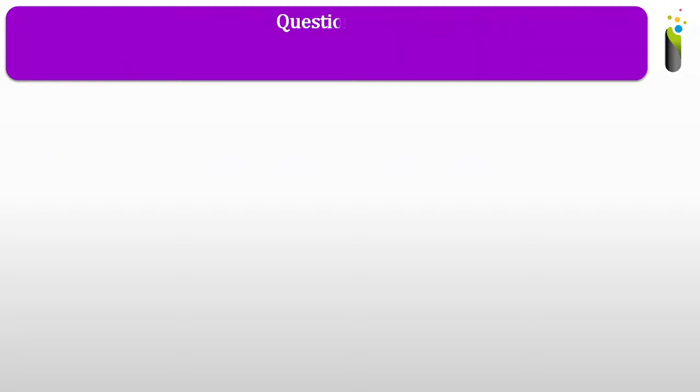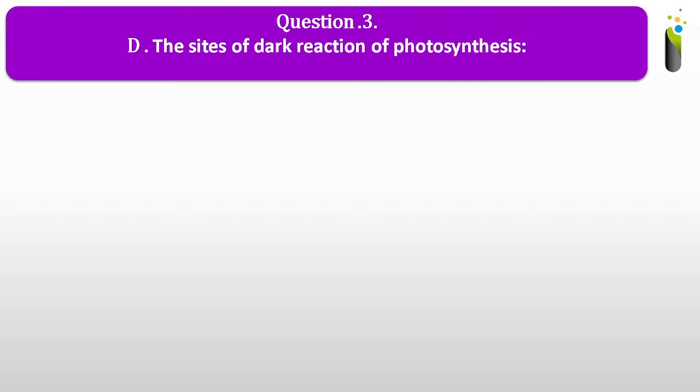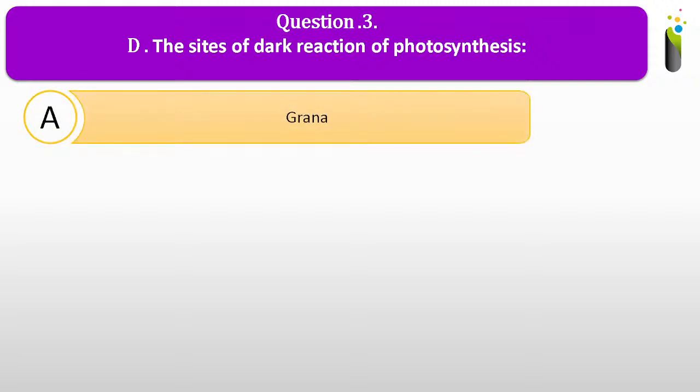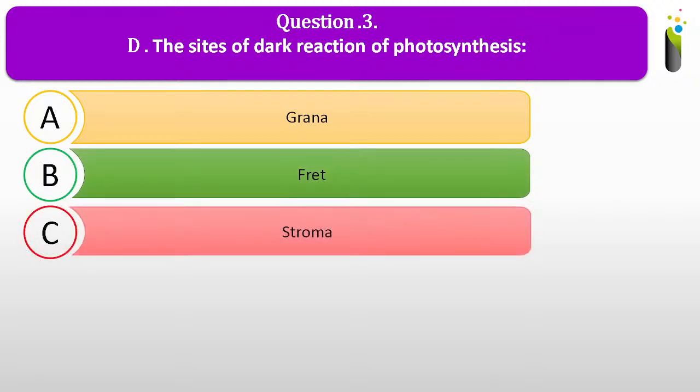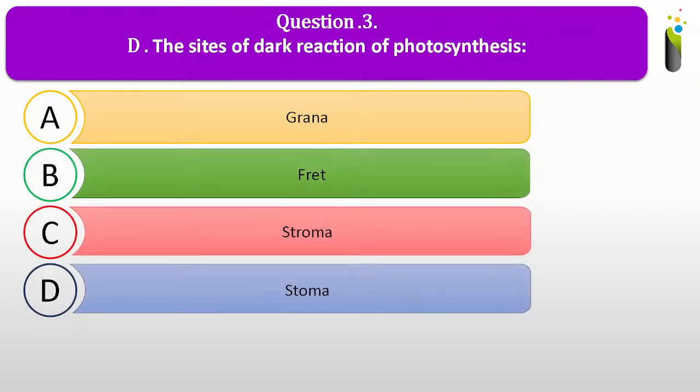Okay. Next, question number 3, sub-question D. The site of dark reaction of photosynthesis is dash. A. Grana. B. Fret. C. Stroma. D. Stoma.